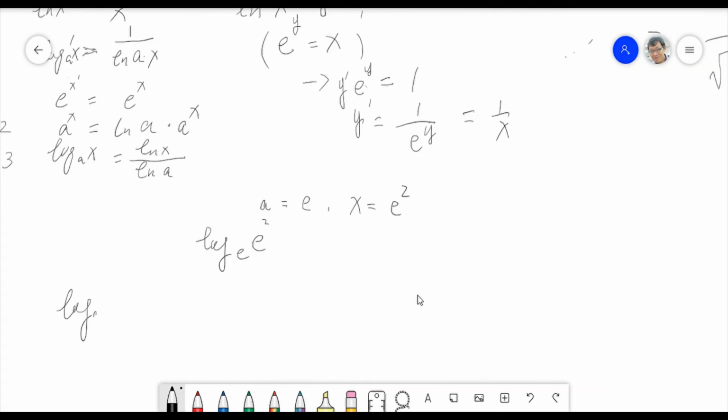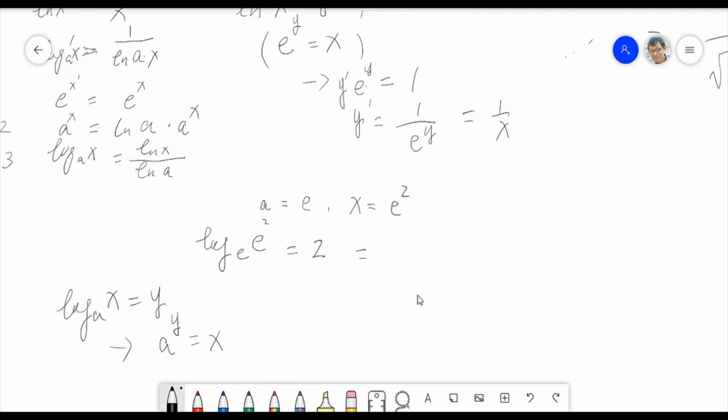Log base a of x equals y means that a to the y power equals x. So what's the result? Think about it. It should be 2, because e to the second power is e squared. So the answer is 2.